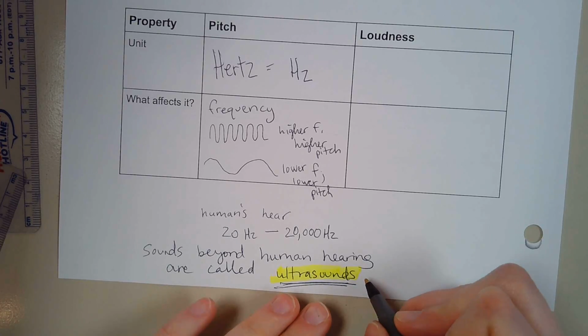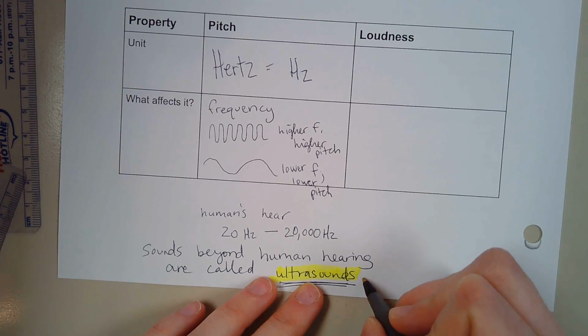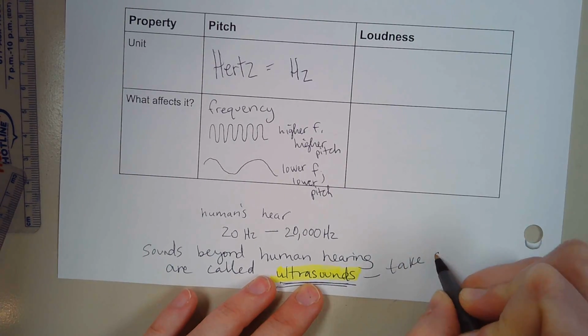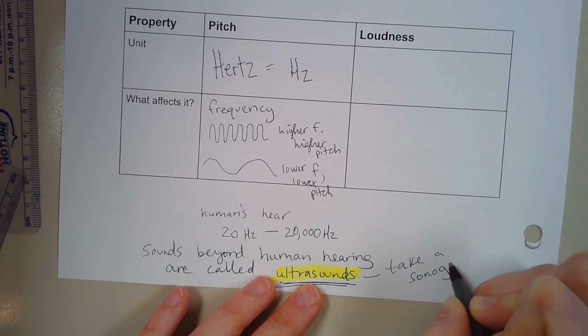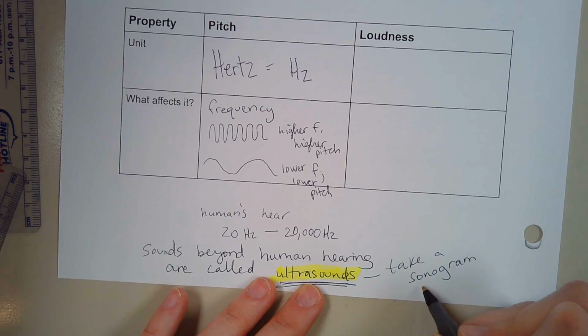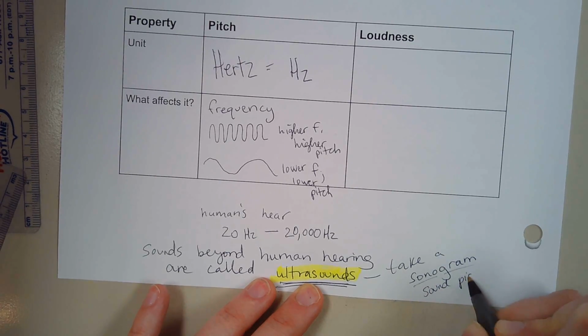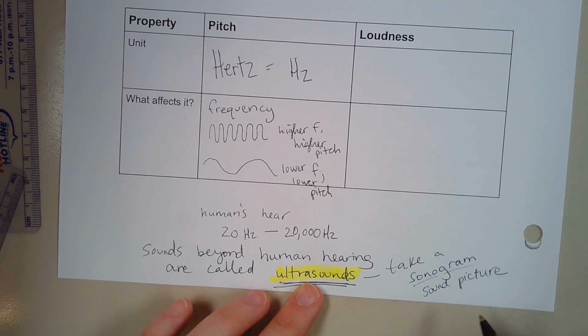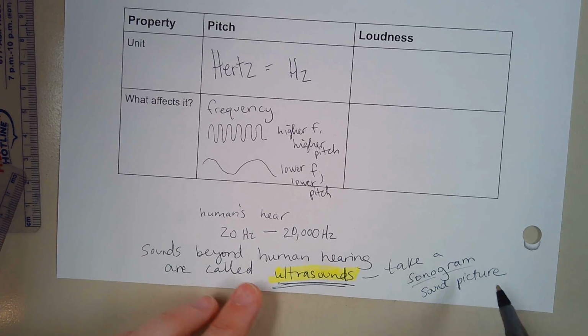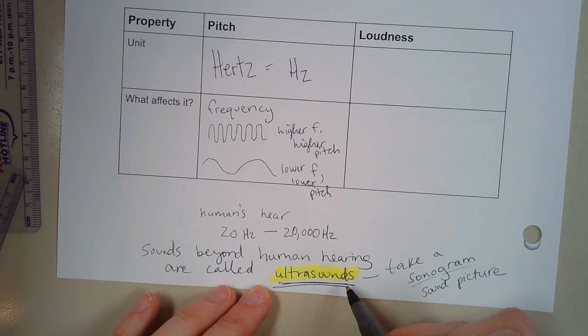Yes, they use an ultrasound machine to take a sonogram. So what sonogram means is a sound picture. And the reason why we do this with pregnant women is that ultrasounds are harmless.